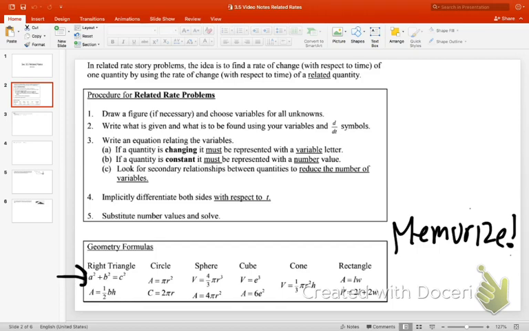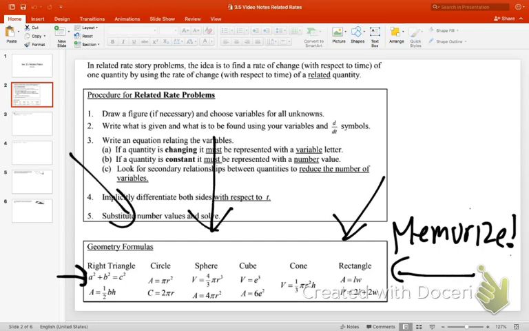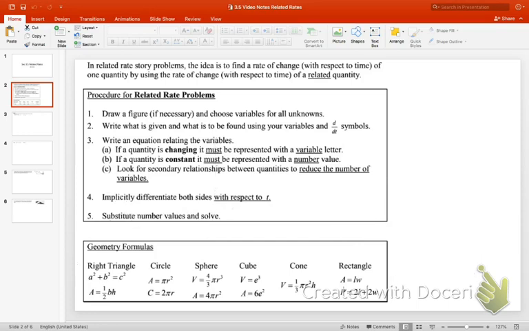Circle, we have area and circumference. Volume for a sphere and area for a sphere are given. For a cube, we have our volume and area. And cone, we just have volume. And rectangle, we have area and perimeter. So please, please, please work on memorizing these formulas.